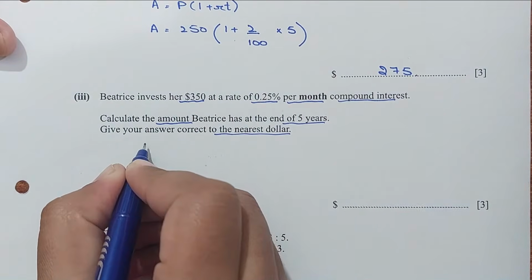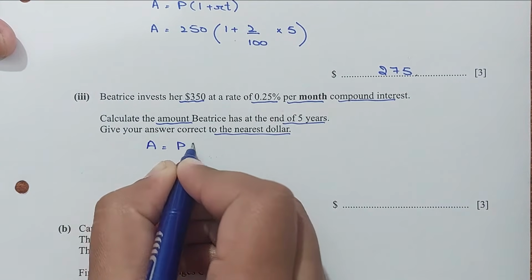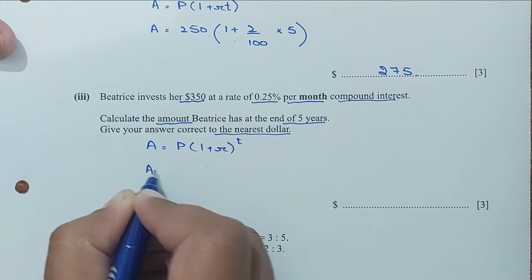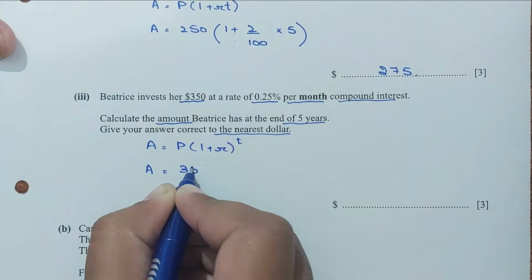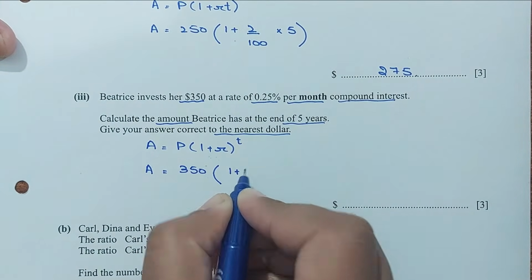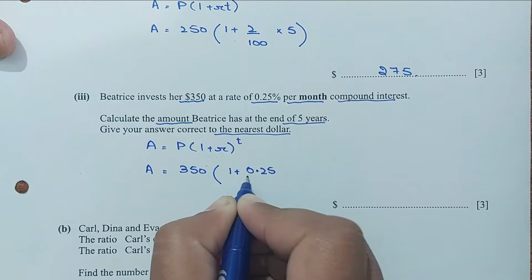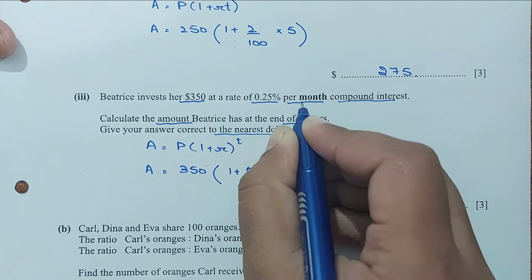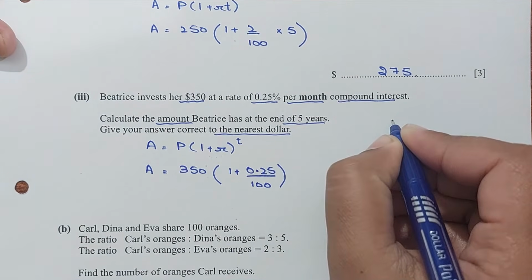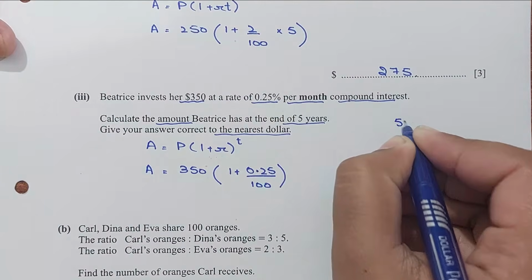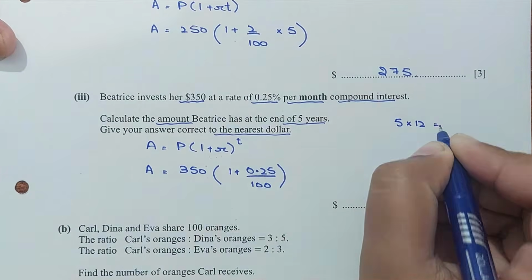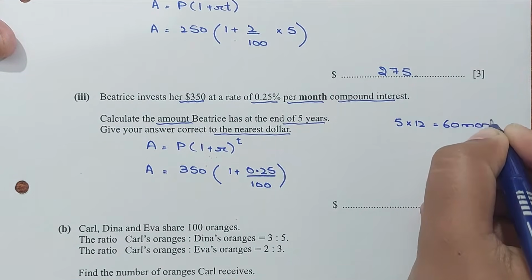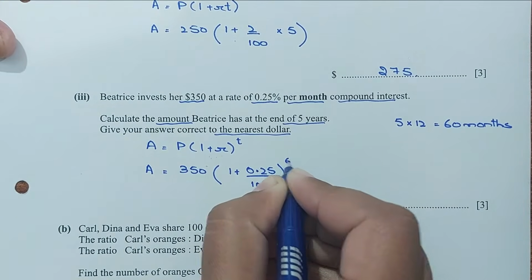Let me use the formula for compound interest, A equals P into 1 plus R to the power T. The investment is $350 into 1 plus the interest rate 0.2%, so 0.2 over 100, and the time is 5 years, but here we have been given months. So how many months are in 5 years? 1 year has 12 months, so 5 years has 5 times 12, which is 60 months. So the power is 60.